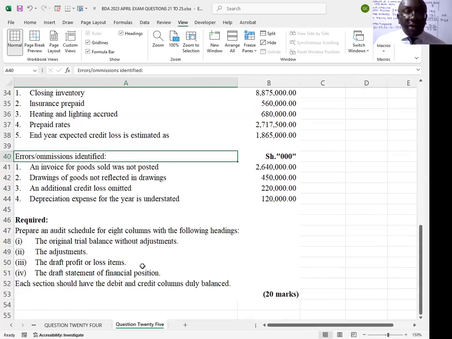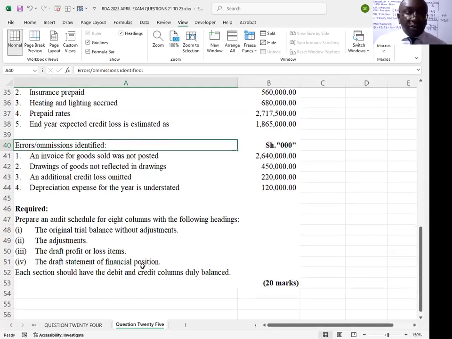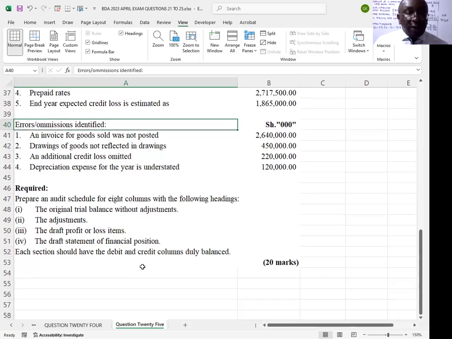Required: prepare an audit schedule with 8 columns with the following headings: the original trial balance without adjustments, the adjustments, the draft profit and loss items, and the draft statement of financial position. Each section should have debit and credit columns duly balanced.